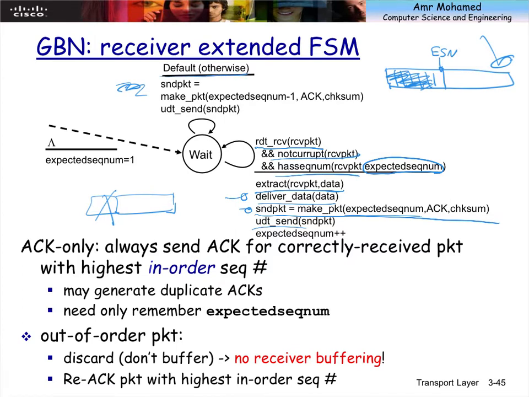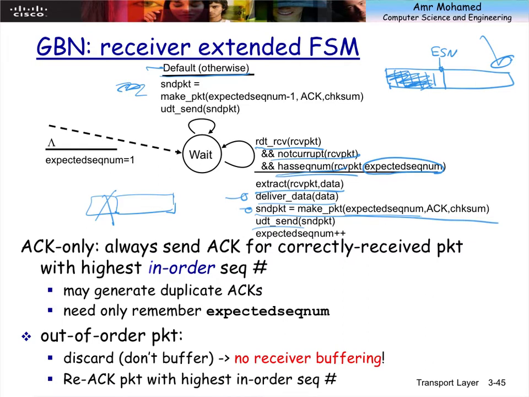Okay, the default, otherwise: I received a segment but it was corrupted. Or I received a segment not corrupted but the sequence number was not the expected sequence number. So that's an otherwise.